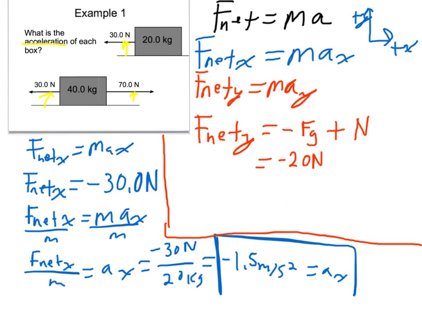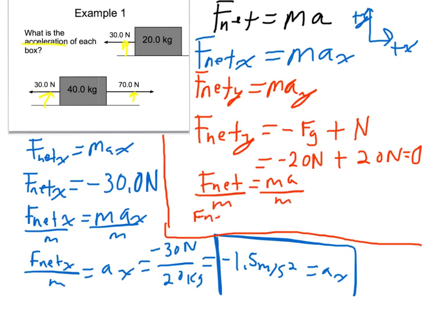And if that box is at rest, the up and down forces are balanced, so your normal force has the same magnitude as your force of gravity, and so our normal force is also 200 newtons. Meaning that the total force in y is 0. So F net y is 0. Now we want the acceleration in y, so let's solve this equation for acceleration. F net equals mass times acceleration, divided by mass.